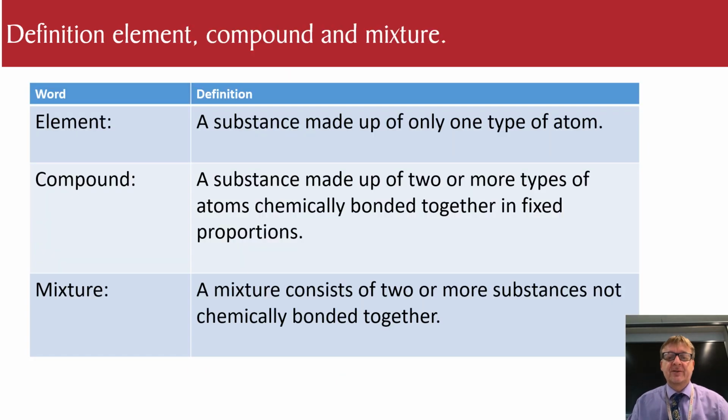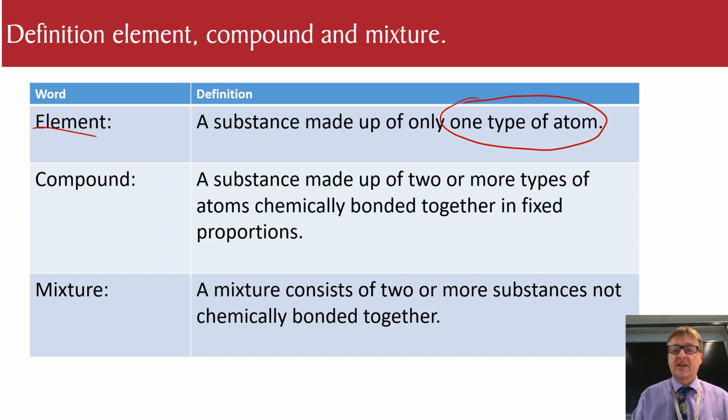Right, 3 definitions. Firstly, we've got an element. An element is a substance made up of one type of atom. That's all it is, just one type of atom. So it could be Na, and it's just made of one type of atom.